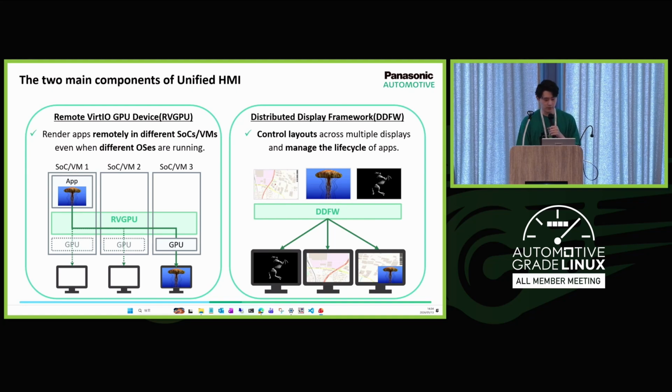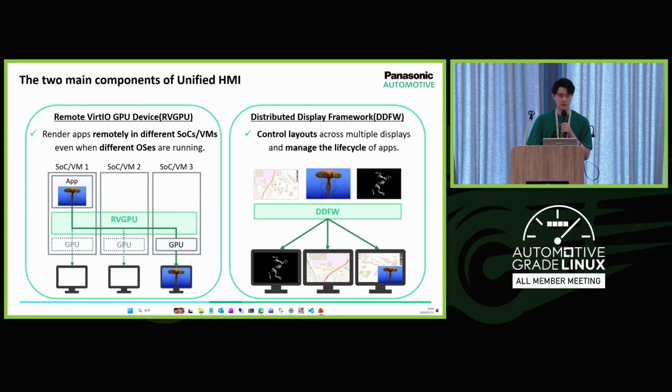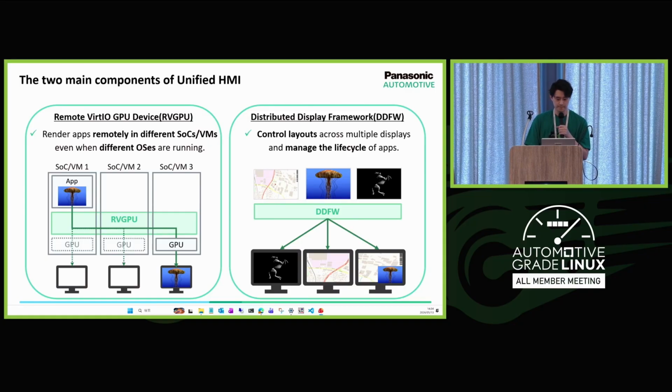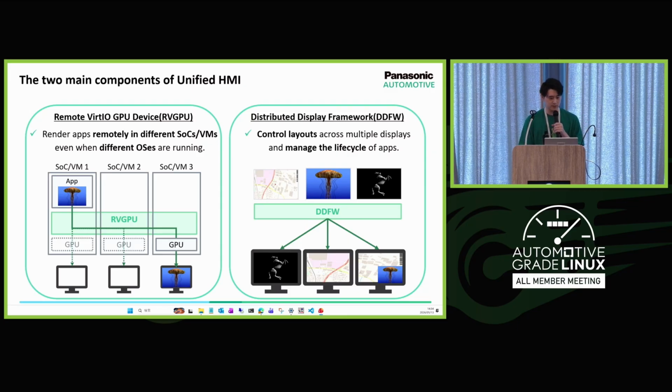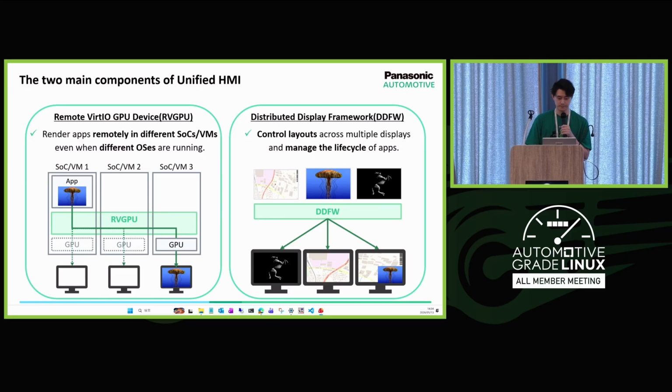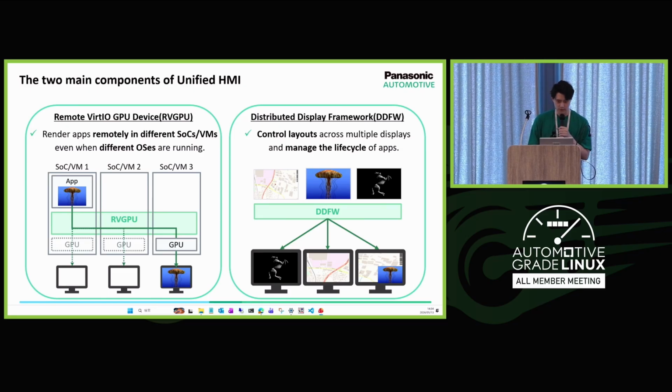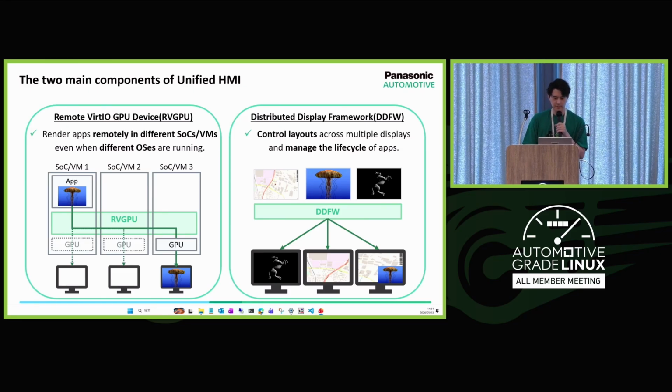The second component is Distributed Display Framework, which we call DDFW. DDFW is responsible for launching applications and controlling their layouts across multiple displays and managing their lifecycle. In other words, RVGPU virtualizes GPU rendering across nodes, while DDFW provides system-level control over where and how applications appear on the displays.